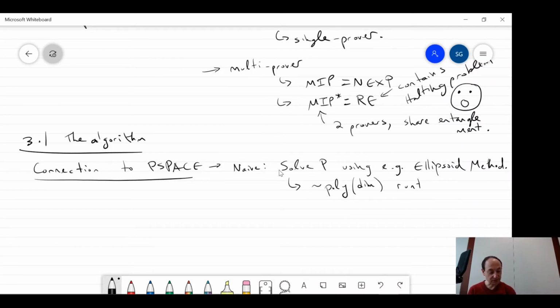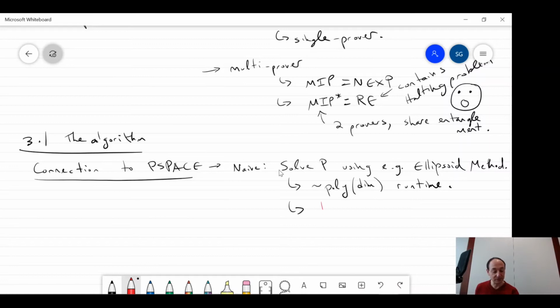I'm obviously fudging a few of the factors. Last class, we wrote down the exact runtime of this ellipsoid method. But roughly speaking, it's going to run in time polynomial in the dimension. And of course, if this worked, it would immediately tell you that QIP is in P space, ta-da, you're done.